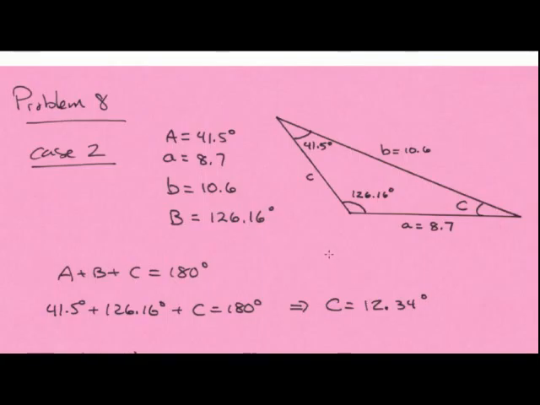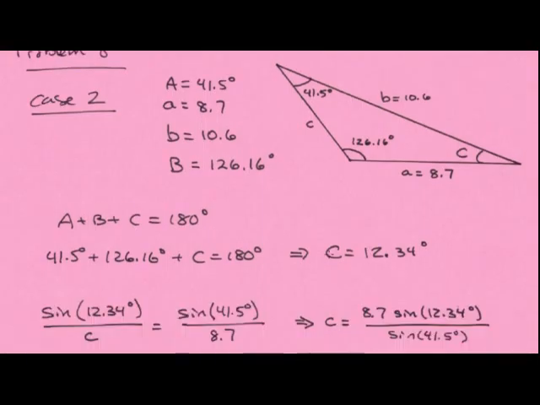Okay. Well, we go to our law of sines. So our law of sines in this case says that the sine of 12.34 degrees over the length of side C is going to be equal to the sine of 41.5 degrees divided by 8.7.